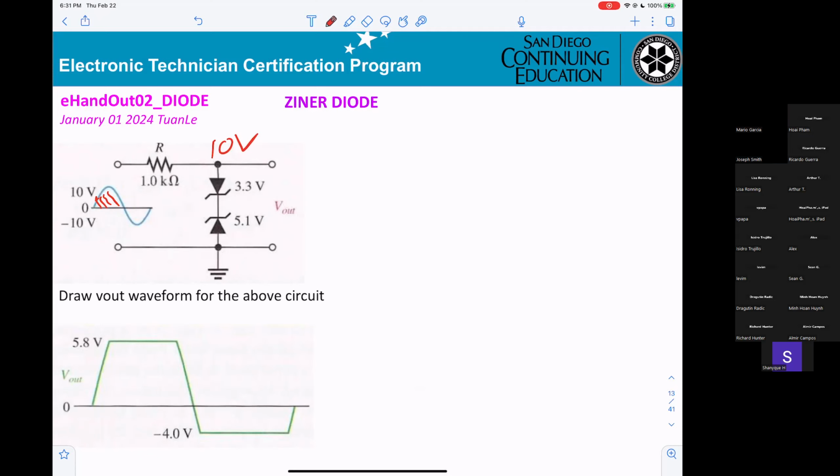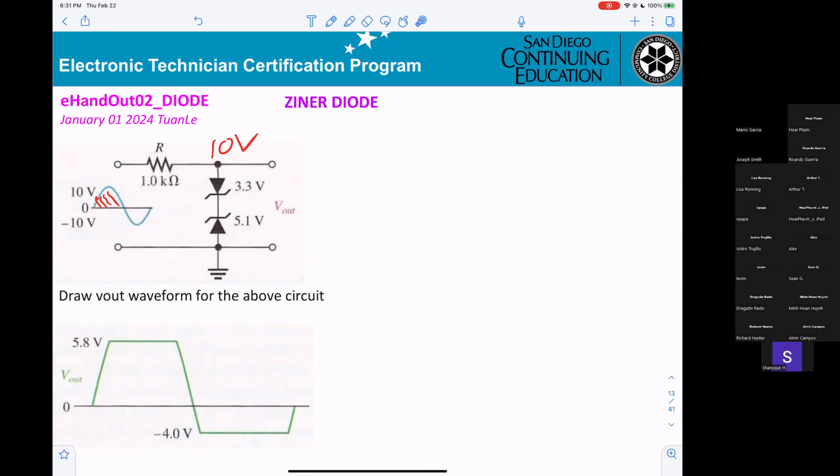So you know this Zener will break down, right? The thing is Zener 5.1, and basically you get 10. So this Zener will break down.